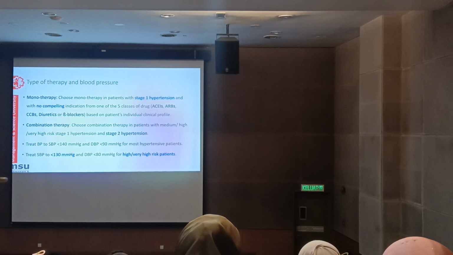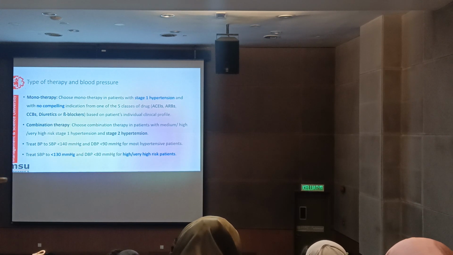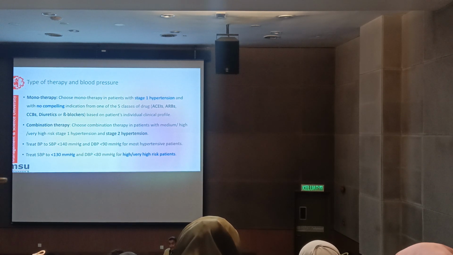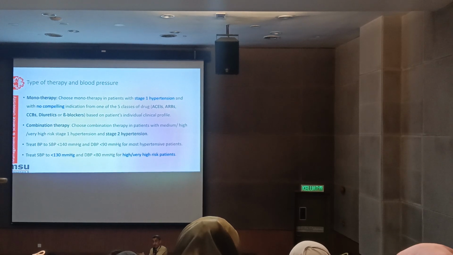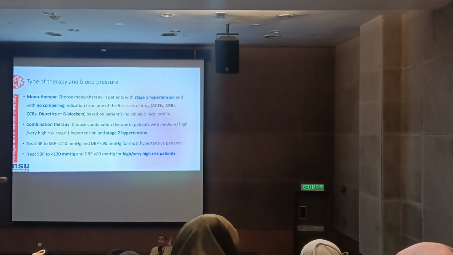Okay, combined therapy: choose combined therapy in the patient with medium, high, very high risk in stage 1. So not only stage 2; if the patient is stage 1 but has a risk, either comorbidity, another disease, or any other risk factor, then you can go with that.